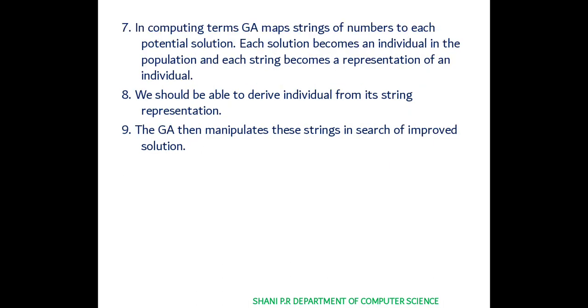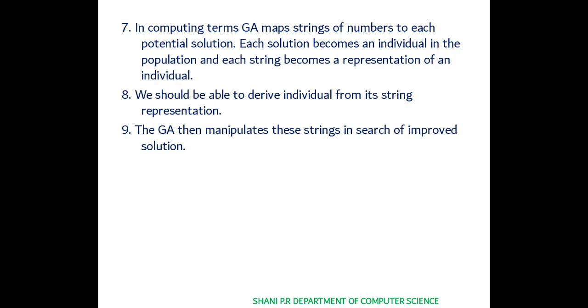In computing terms, a genetic algorithm maps strings of numbers to each potential solution. Each solution becomes an individual in the population, and each string becomes a representation of an individual. So here it maps the string of numbers to each potential solution. It will be in the form of string manipulation.